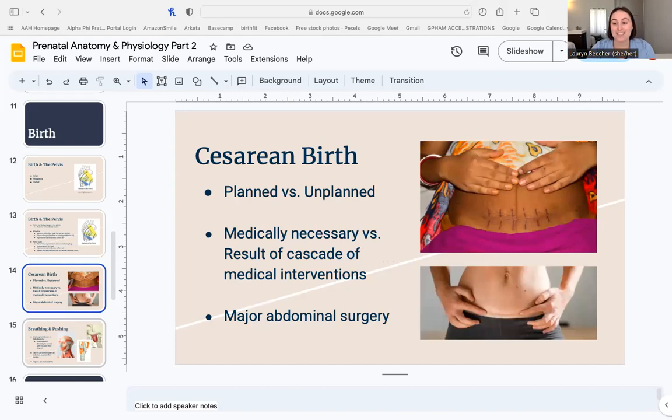Can we do immediate skin to skin? With a planned cesarean, you are probably medically stable, you are walking in at a certain time, and things tend to go quite smoothly. Many people I've worked with who had planned cesareans say, I don't know why I'd ever do it another way, because it went very smoothly.